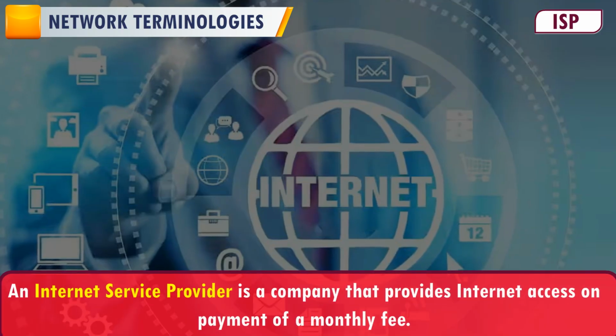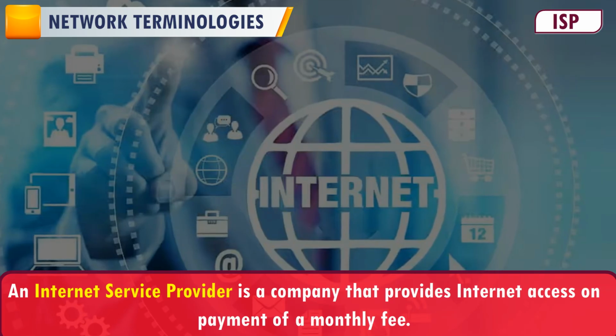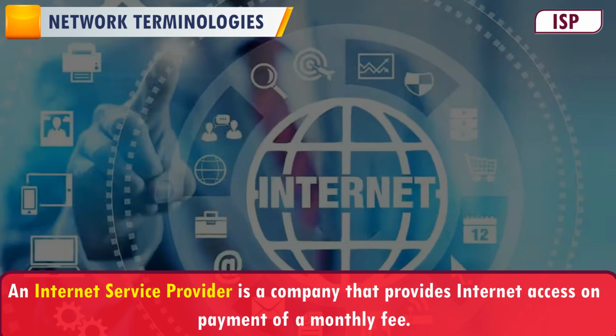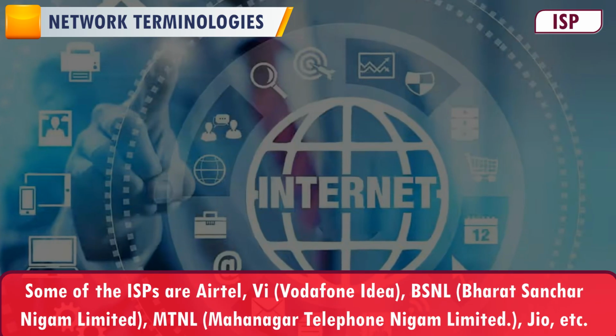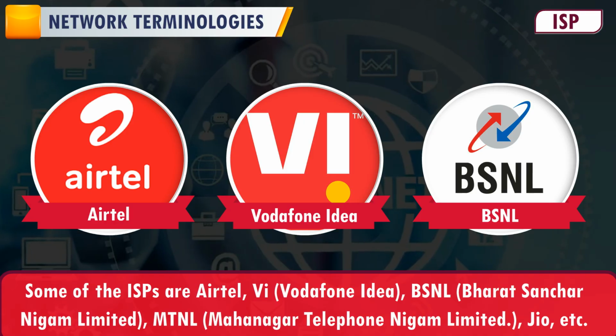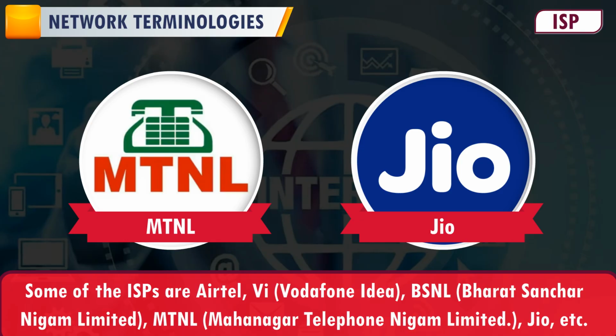An internet service provider is a company that provides internet access on payment of a monthly fee. Some of the ISPs are Airtel, VI, Vodafone Idea, BSNL, Bharat Sanchar Nigam Limited, MTNL, Mahanagar Telephone Nigam Limited, Jio, etc.